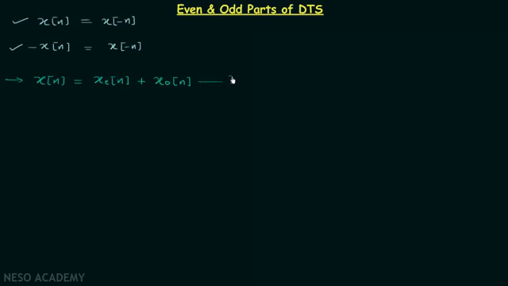Let's say this is equation number 1, and we will now perform the time reversal operation. This means we will replace n by minus n. When we do this, on the left hand side we will have x[-n], and on the right hand side we will have xe[-n] plus xo[-n].